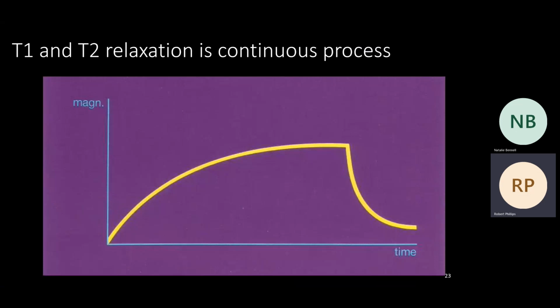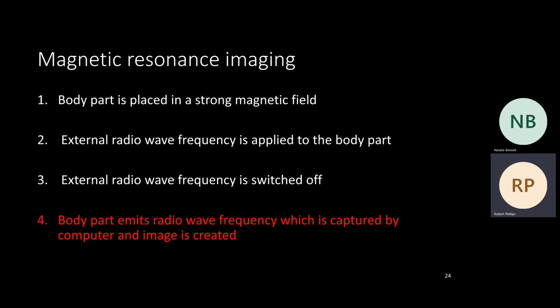So this is a combined relaxation. So it's T1 relaxation, here T2 relaxation, okay? Because T1 and T2 relaxation are two different processes, but they occur simultaneously. And finally, the radio frequency that is emitted by the body part is captured by the computer and the image is created.